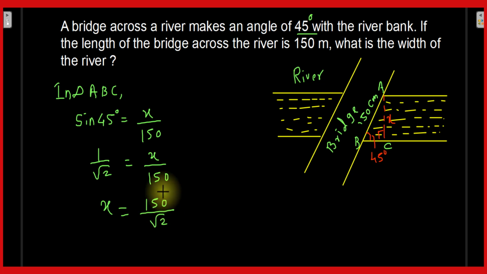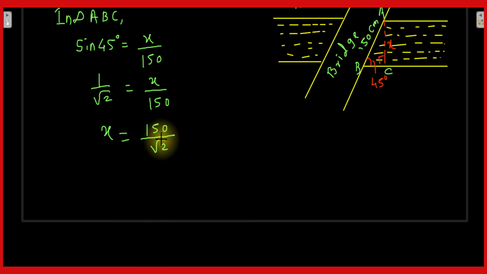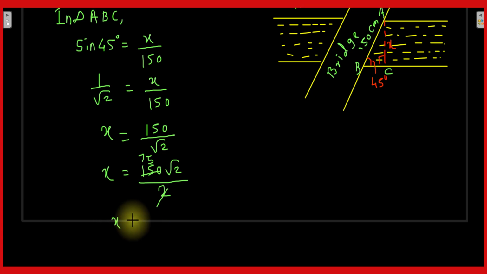We do not write surds in the denominator, so we will rationalize this, multiply the numerator by root 2 and the denominator also by root 2, so you will get x is equal to 150 root 2 upon root 2 into root 2, that will be 2. So 2 1s are 2, 2 7s are 14 and 2 5s are 10. So x will be equal to 75 root 2.